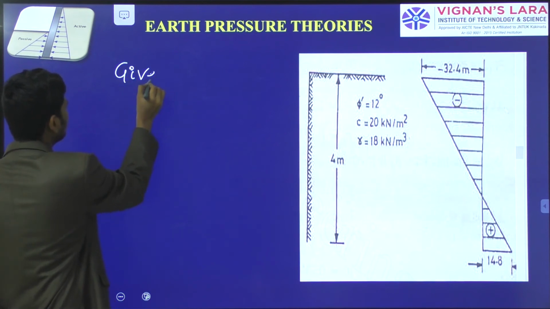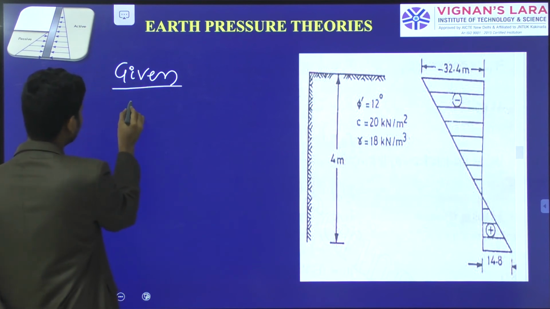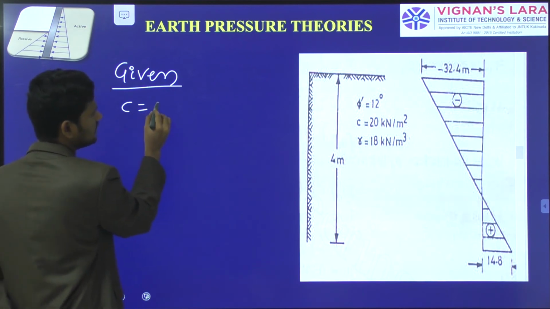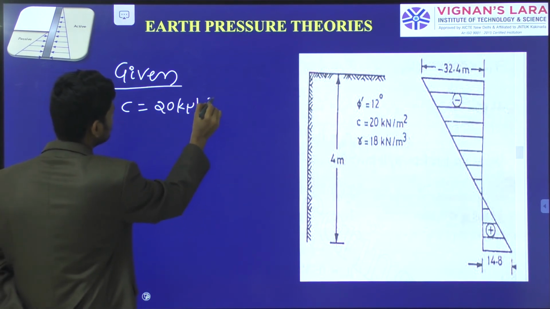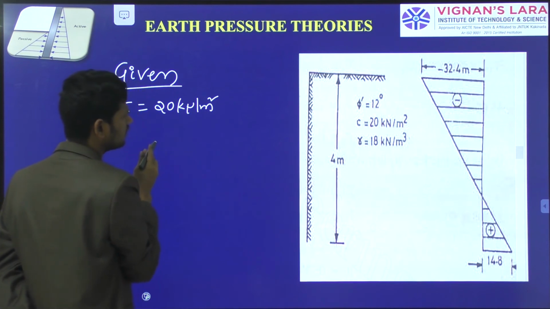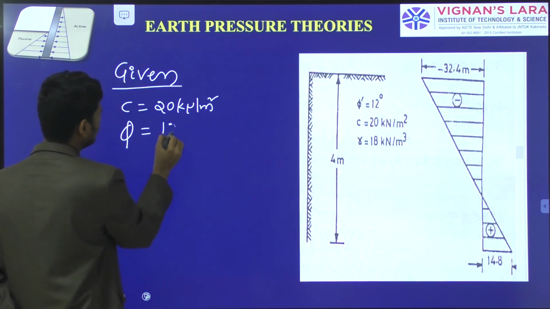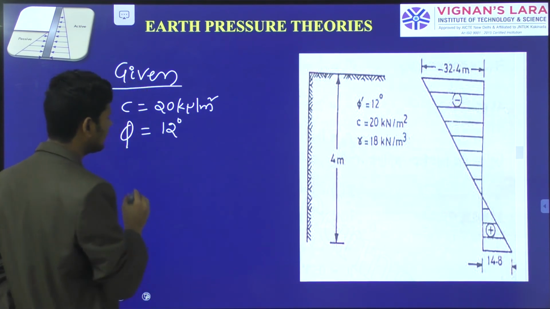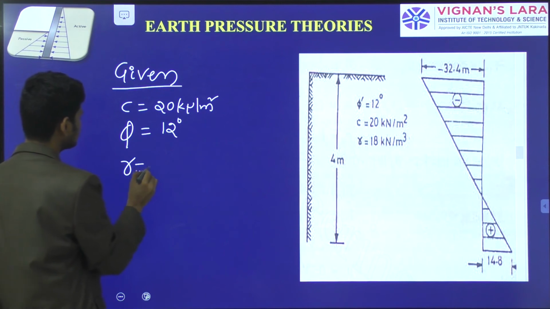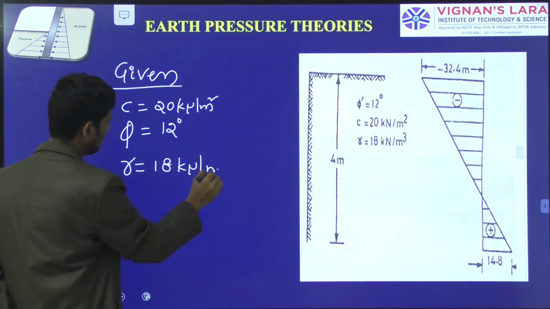Cohesion of the soil mass C equals 20 kilonewton per meter square. Angle of internal friction phi equals 12 degrees. And unit weight of the soil mass gamma equals 18 kilonewton per meter cube.